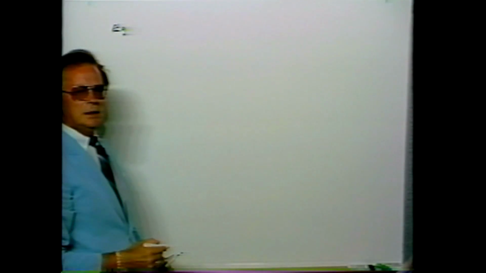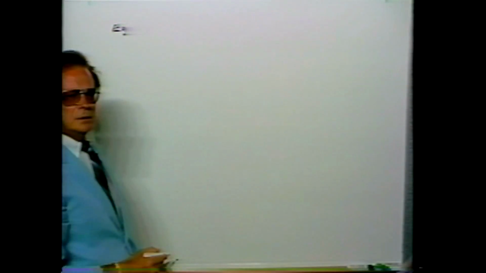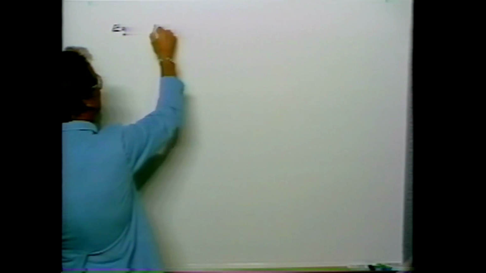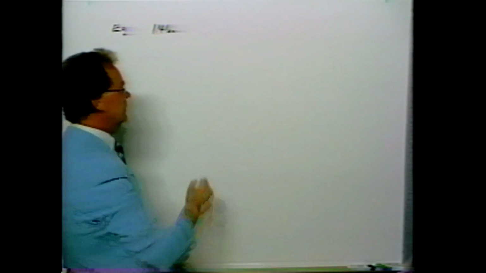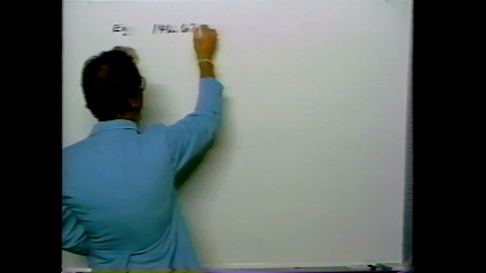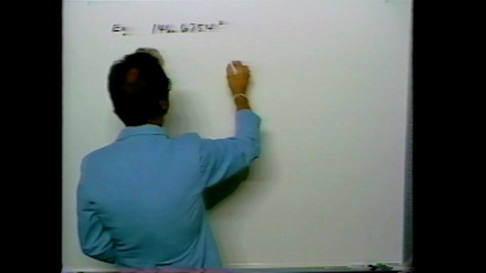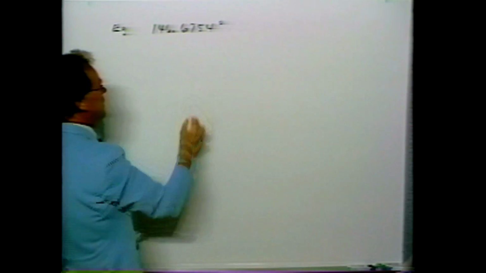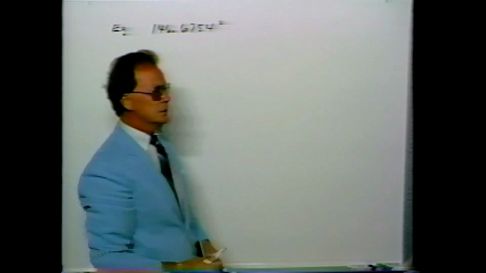Another example is to change a decimal degree into degrees, minutes, and seconds. I'll use 146.6754 degrees, and it must be changed to degrees, minutes, and seconds.